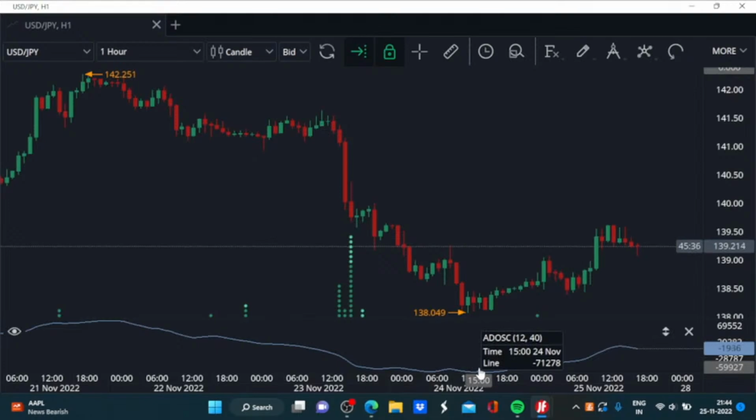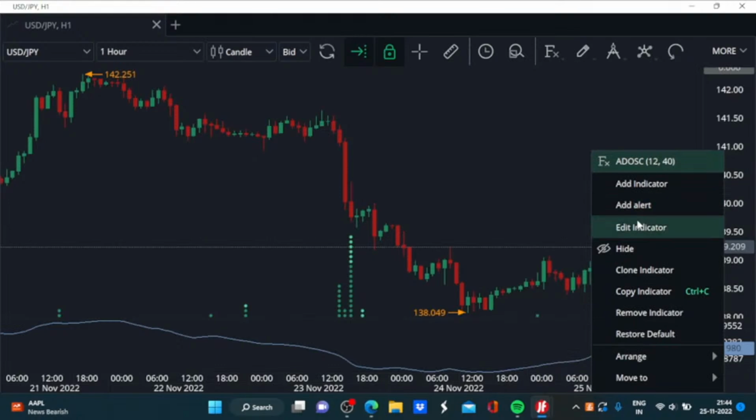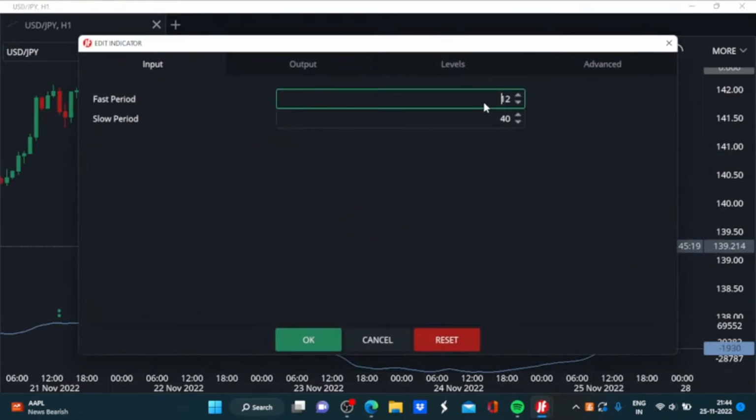So we get both these things quite clearly defined, and then all we have to do is look at the momentum, whether it is strong enough or not to warrant a trade, and then take the trading decisions accordingly. Now I'm going to restore it back to the default combination of 3 and 10.